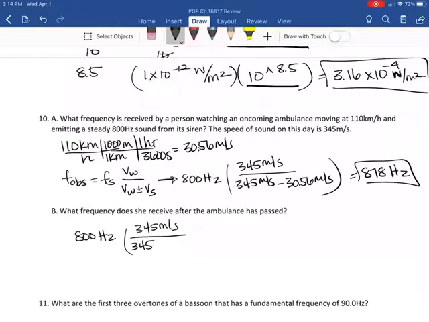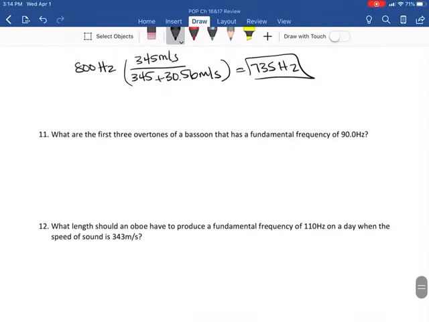But now, since it's receding or going away from the observer, you actually add that speed of the ambulance, and that ends up making it 735 hertz. And just kind of think about it. When something's coming towards you, it sounds so loud. And when something's going away, it starts to sound a little less.